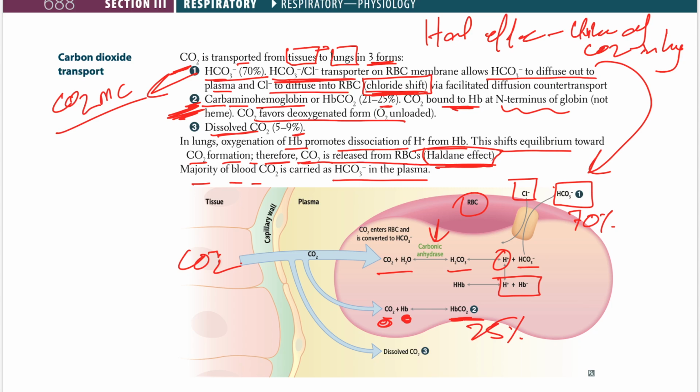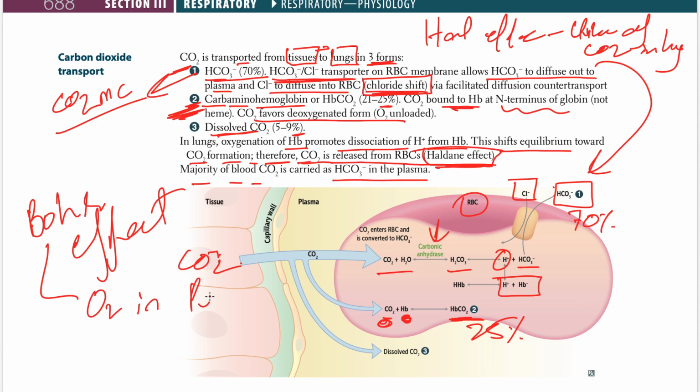Let me just write it here. Bohr effect. What is the Bohr effect? Well, the Bohr effect is the unloading of O2 in the peripheral tissues. And how can we memorize this now? So Bohr has an O for O2 in the Bohr effect.